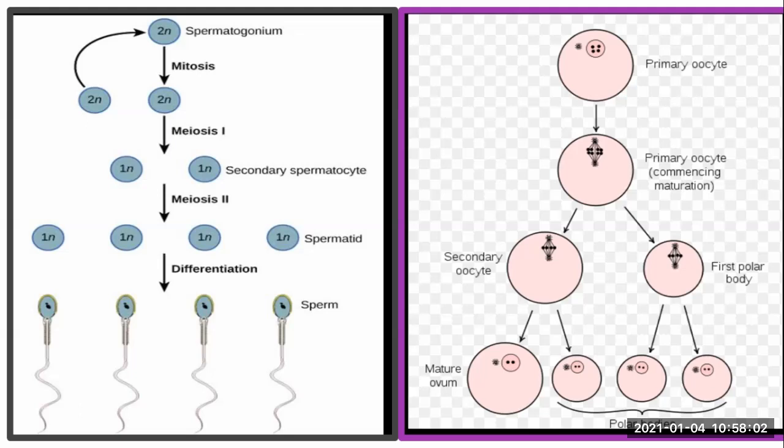So that is the previous stage before the proper sperms are formed. Before that, we get the stages of spermatids. It is the same way for the ovum also: primary oocytes, then secondary oocytes, then we get the polar bodies, and then the mature ovum.